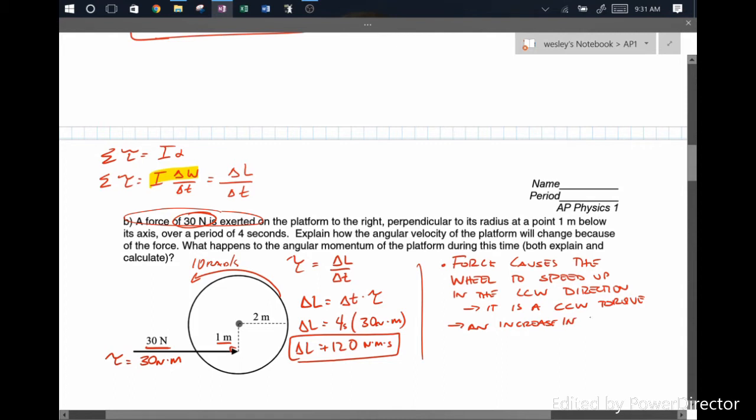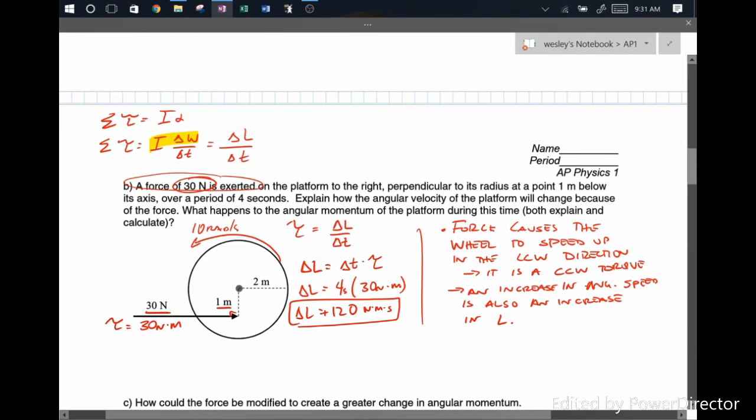An increase in angular speed is also an increase in angular momentum. So the angular momentum is going to increase. Another way to say that is to say a net torque must change the angular momentum. We're applying a net torque, so the angular momentum must change.